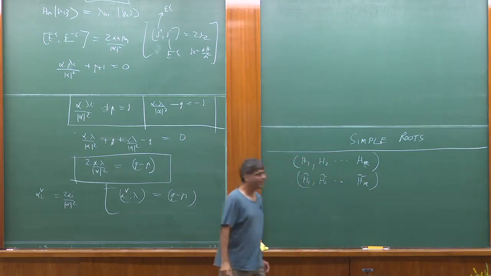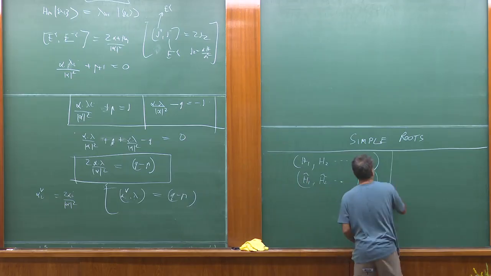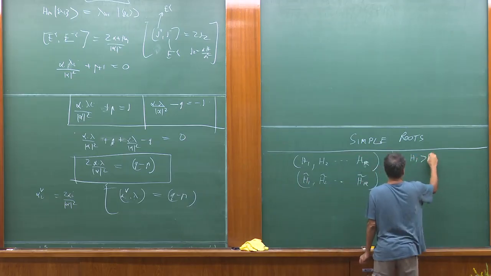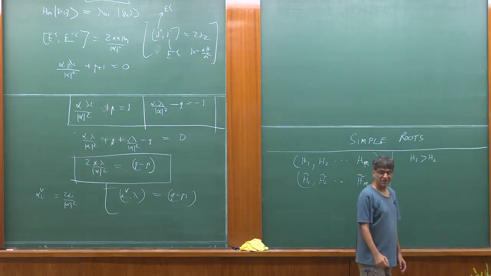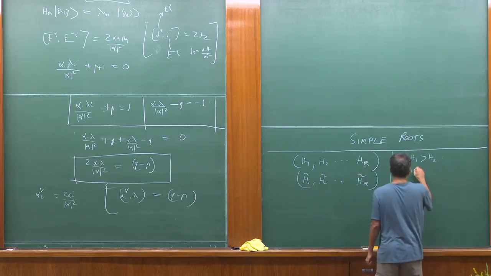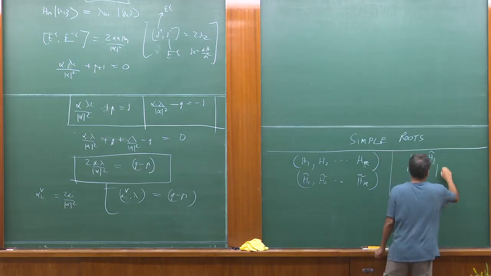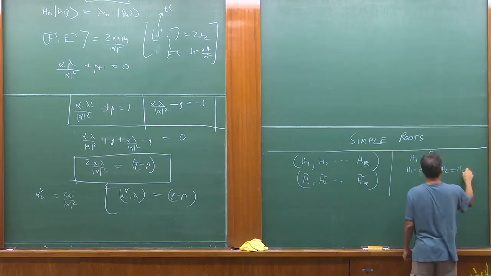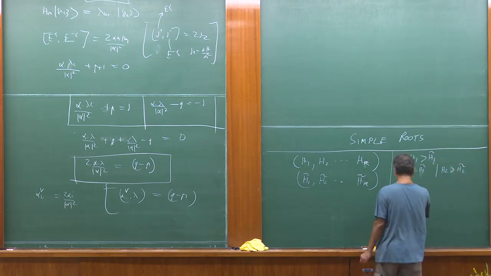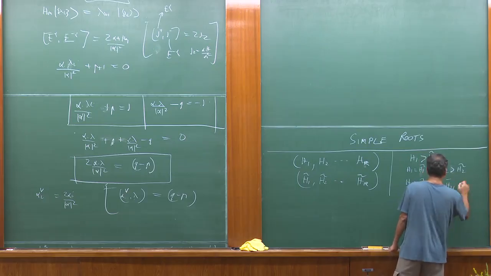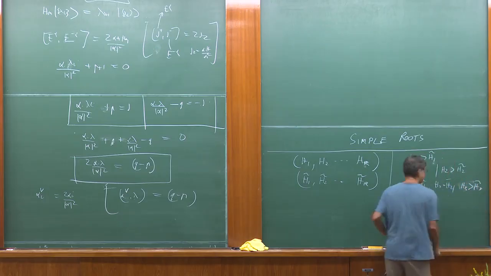I just define that this is greater than this if h1 is greater than h1 tilde, or if h1 equals h1 tilde and h2 is greater than h2 tilde, or if h1 equals h1 tilde, h2 equals h2 tilde, and h3 is greater than h3 tilde, and so on.